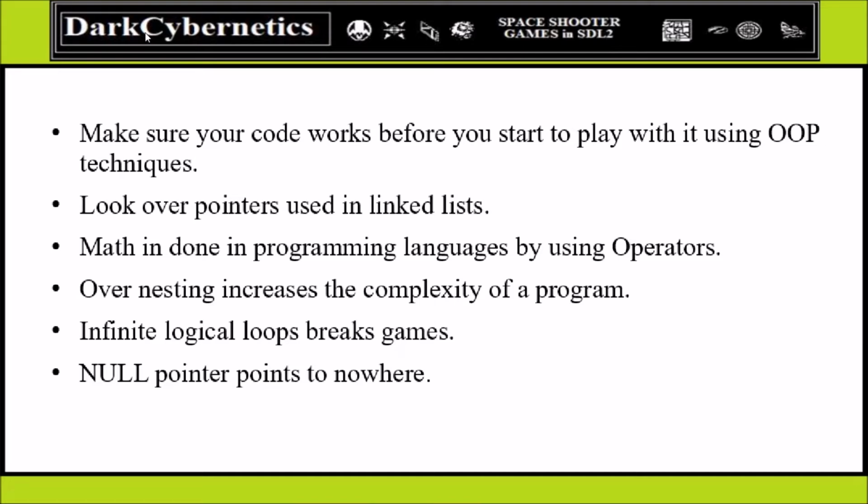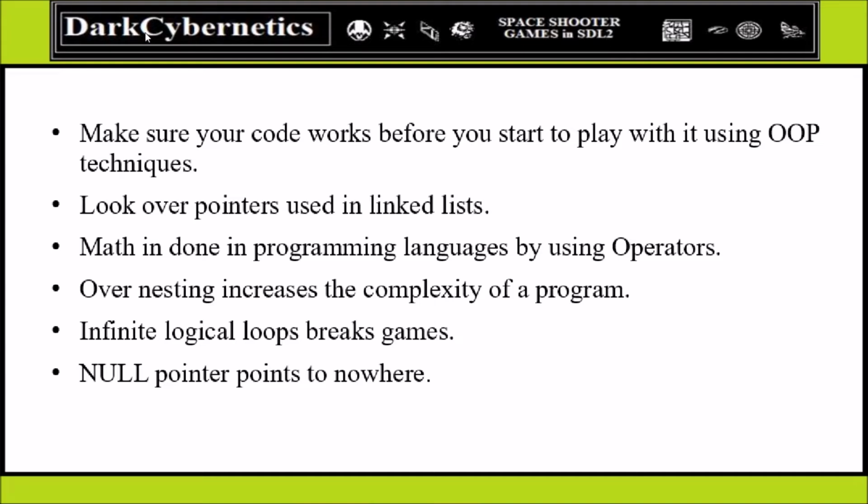C++ and C are relatively different, and a lot of these languages and APIs such as SDL and OpenGL have varied ways of working. We do mathematics using operators, and if we over-nest a program, we may increase the complexity, which increases the time it takes for an operation to perform or to check in a loop.